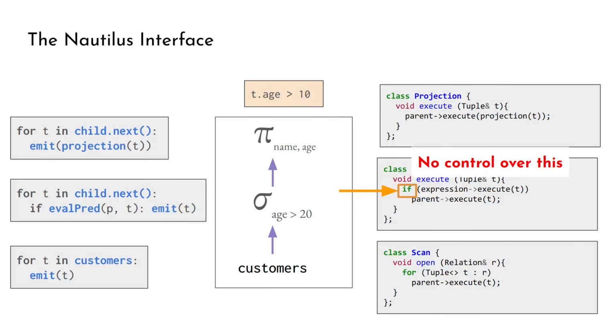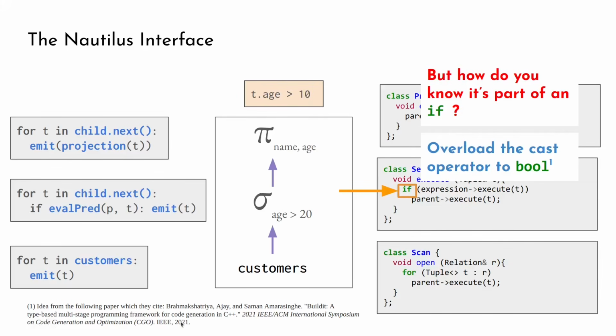So what's the idea? The idea, and again, this is extrapolation on my part, comes from this paper that they cite, which is called BuildIt. Now what BuildIt does is that it overloads the cast operator to bool of this expression, which is pretty fancy. And if you overload that, then whenever you execute that, you know that you're part of some kind of condition.